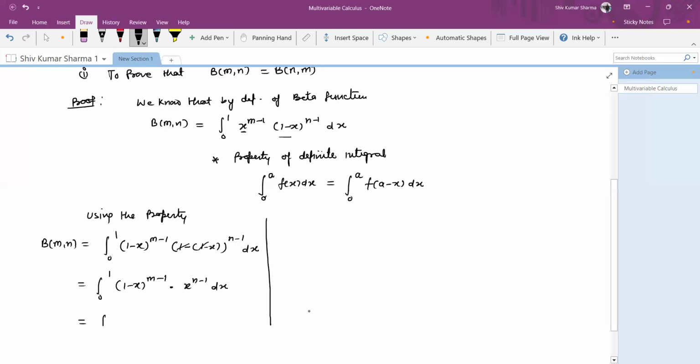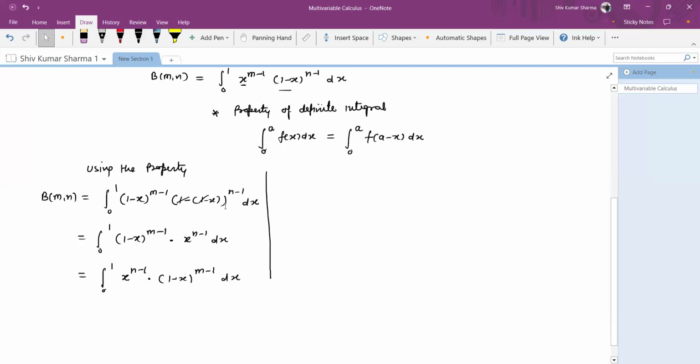Now this can be written in the form of the definition of beta function. So the first term we write as x raised to the power n minus 1, and the second term is (1 minus x) raised to the power n minus 1 into dx. Okay.